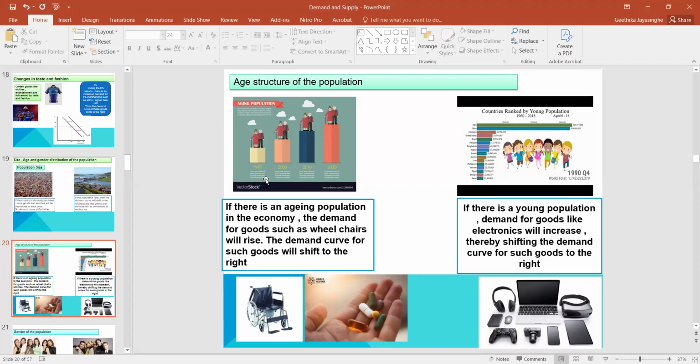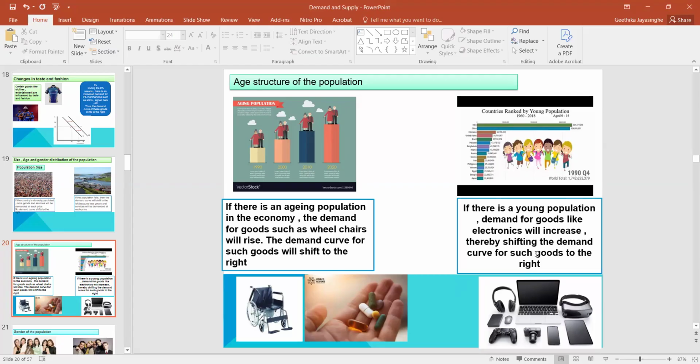Also the items they're using, like medical care and all that, and also the younger population. Right now, everybody's having a phone, computer items, related gadgets, many more. Everything has become smart.